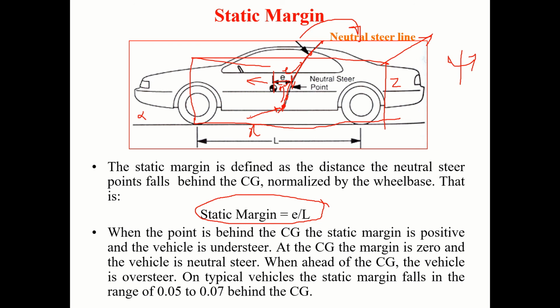But there are many factors which make the vehicle understeer or oversteer. You must look at the tire alignment angles, like camber, even caster.